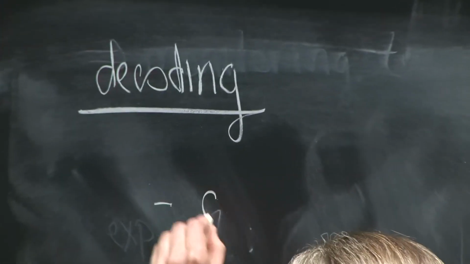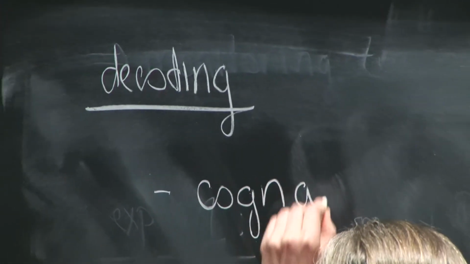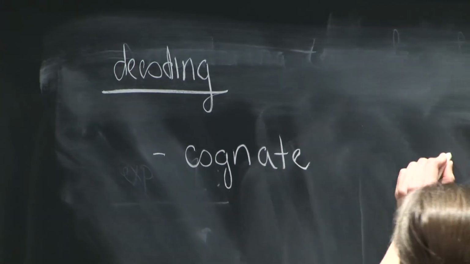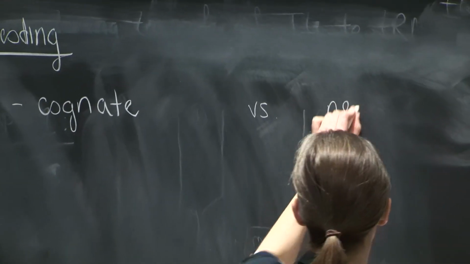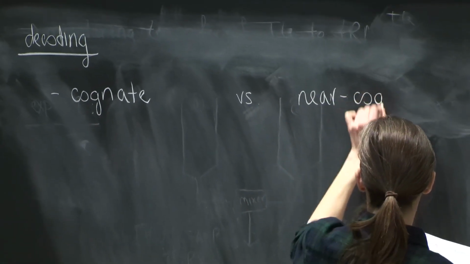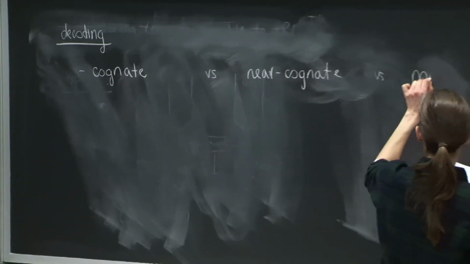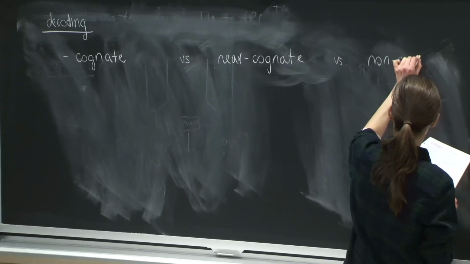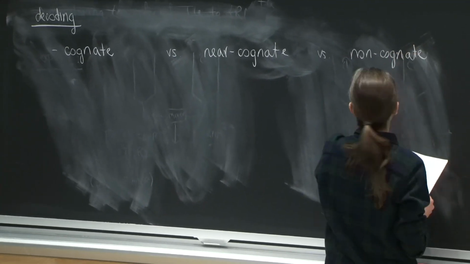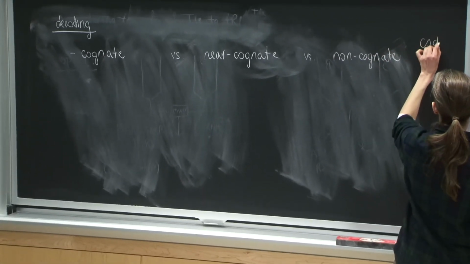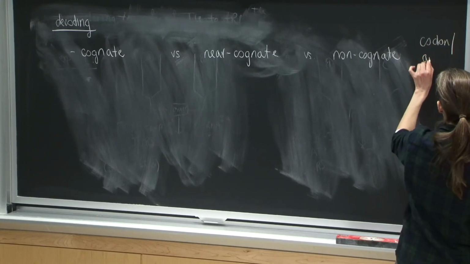So we have cognate versus near-cognate versus non-cognate, for the codon-anticodon interaction.